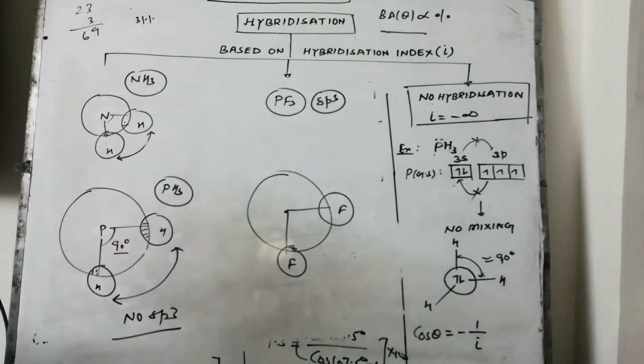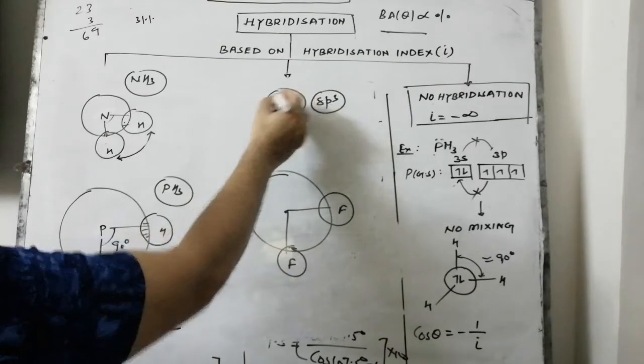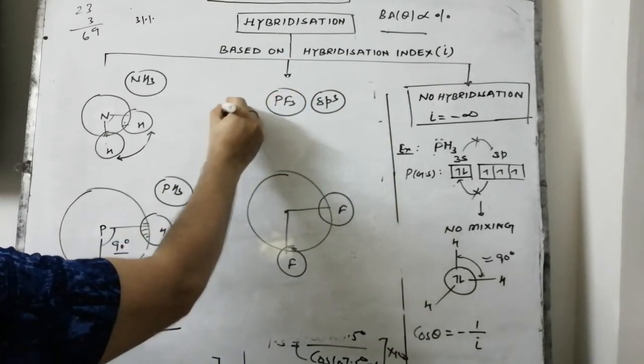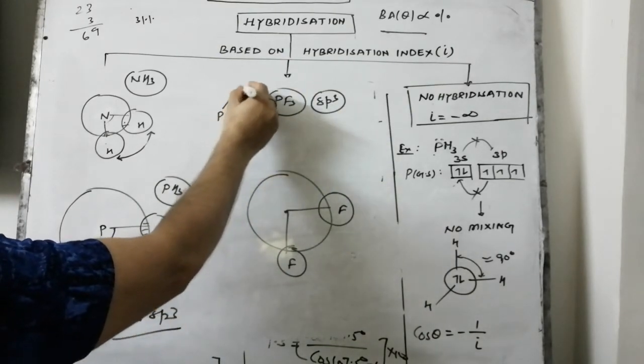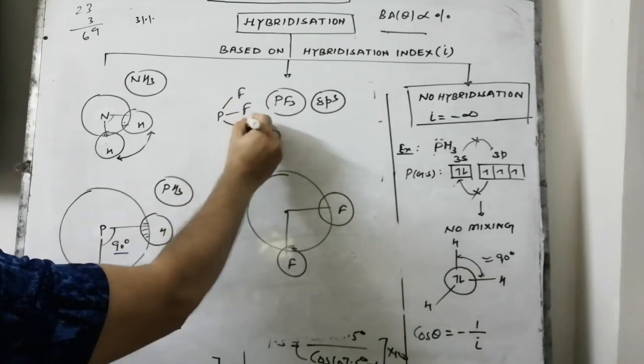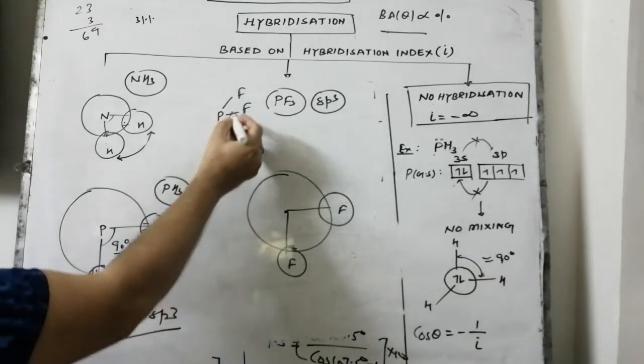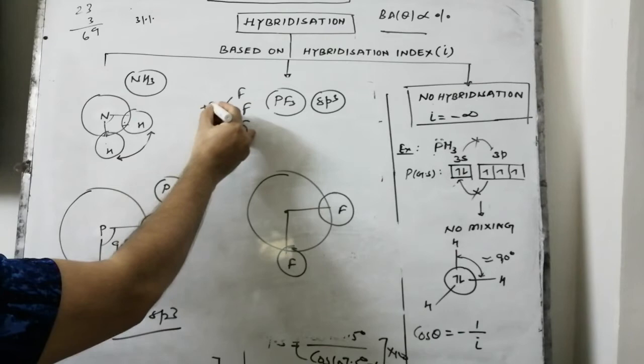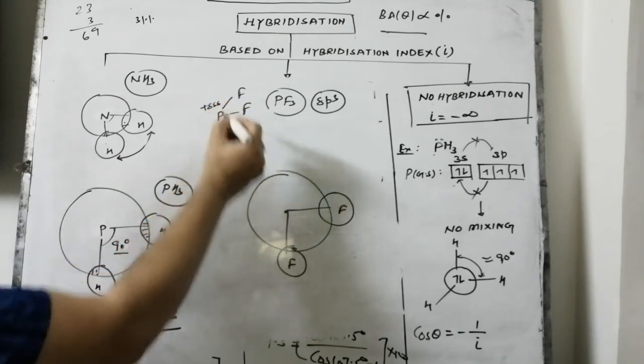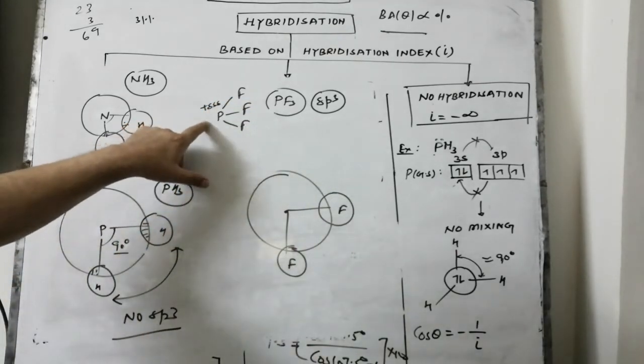Now what exactly happens in this case: this phosphorus is bonded with three fluorine atoms, and fluorines are highly electronegative. They will put a partial positive charge on the phosphorus. There will be charge contraction.